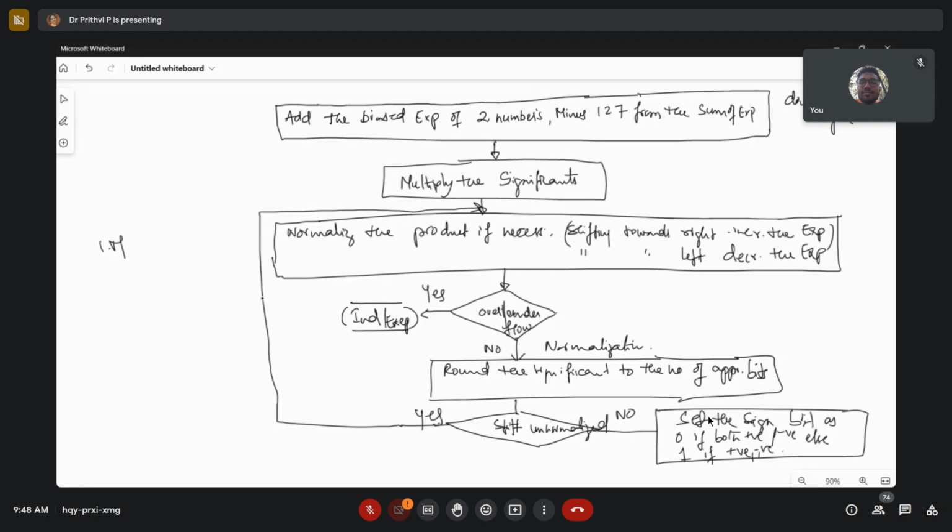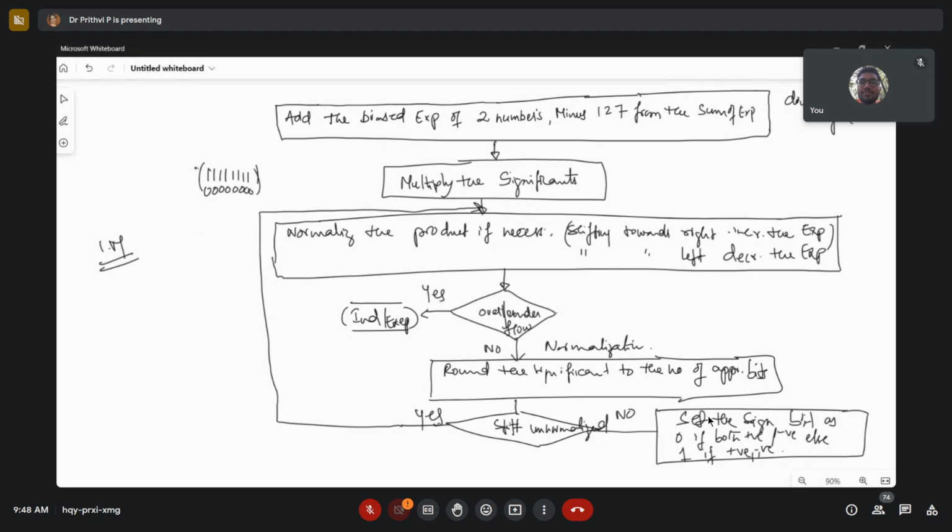When you are checking for the normalization of the result, this format you should not deviate from. And your exponent should not deviate from that range of values, because beyond the value of all ones in your 8 bits, it cannot accommodate any extra exponent, and it cannot represent any value below this.